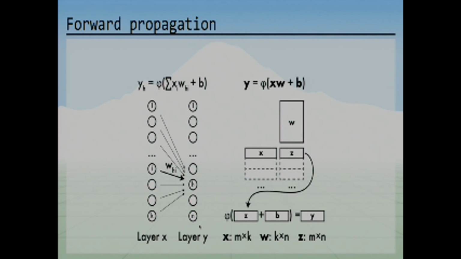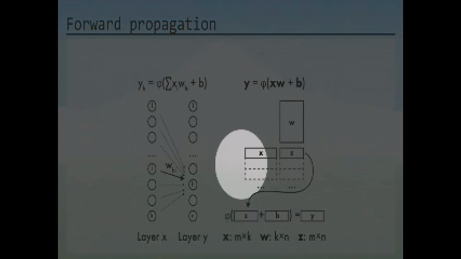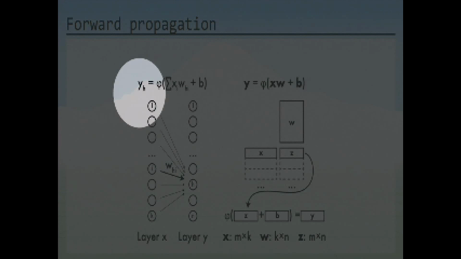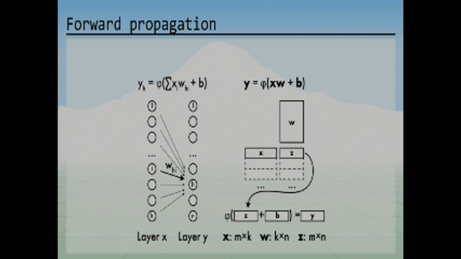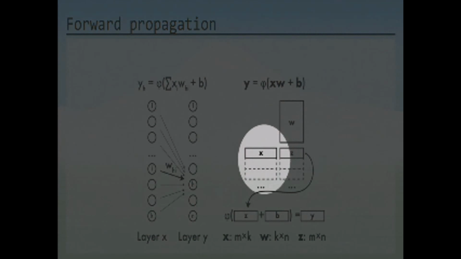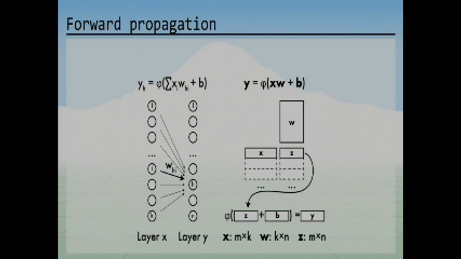We can also imagine batch processing a bunch of examples at the same time. x could be a vector of the input for a single example at some layer, but x could also be a matrix in itself. It could have multiple rows, and each of those rows is going to be multiplied by this weight matrix independently.